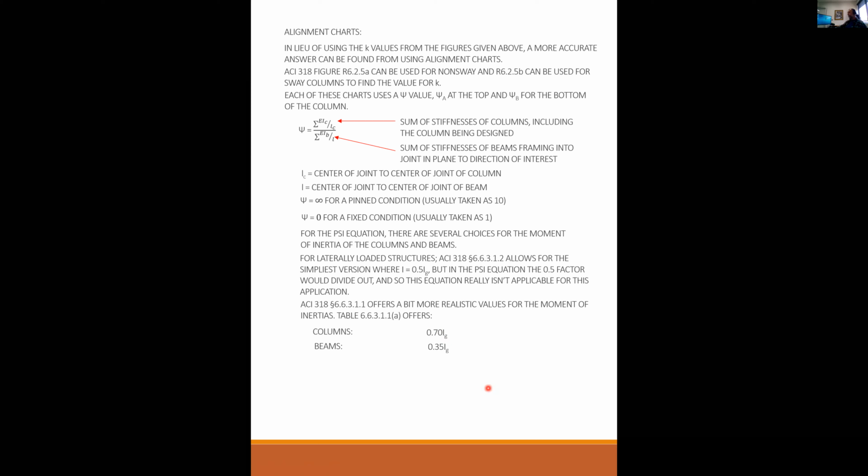Does that make sense? Yeah, for sure. I want to say that the columns do mostly compression and beams do more tension than the columns. They bend. Exactly right.